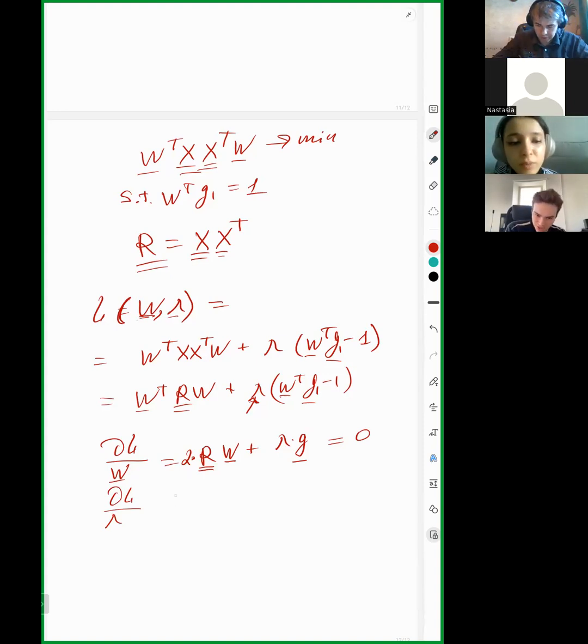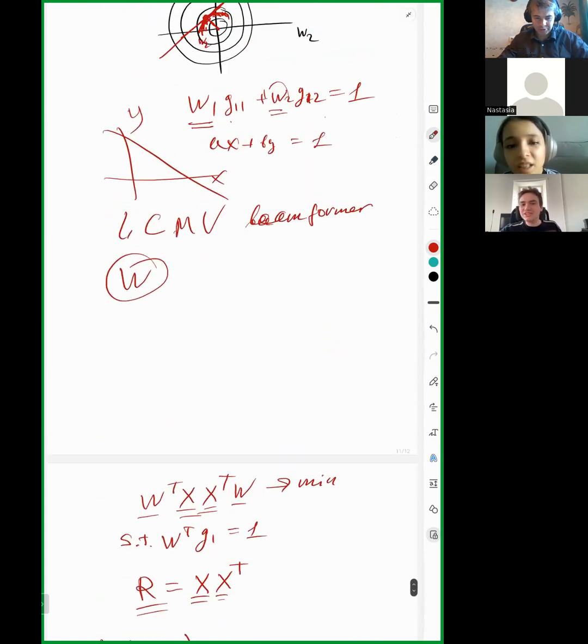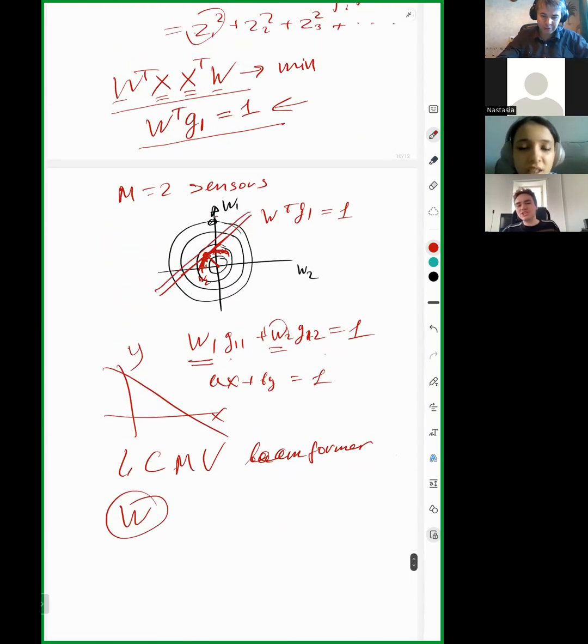Sorry, a small quick question. What is lambda? It's a Lagrange multiplier, whatever. Just keep it this way. Basically it depends on the location of this constraint with respect to your function.